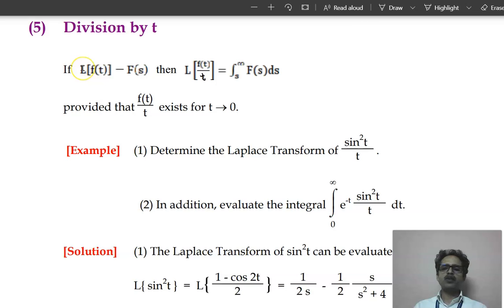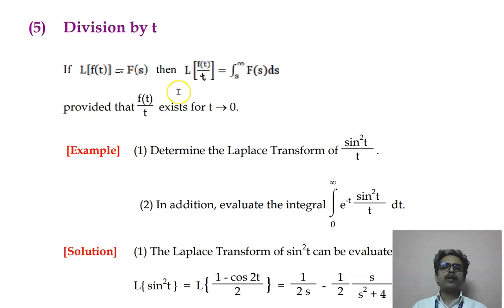If Laplace transform of function small f of t is capital F of s, then Laplace transform of f(t) upon t is equal to integration from s to infinity of capital F of s ds, provided that f(t) upon t exists as t tends to 0.